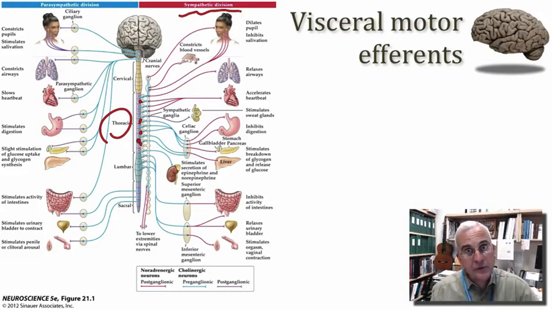So because it's a two-neuron chain, this neuron that we find in the thoracic spinal cord we call a preganglionic neuron. So this preganglionic neuron sends an axon a short distance out through the ventral root of the spinal cord, and it connects to a ganglion.